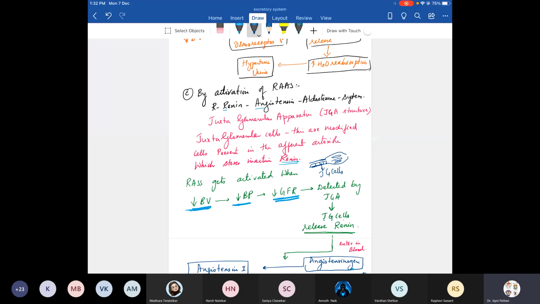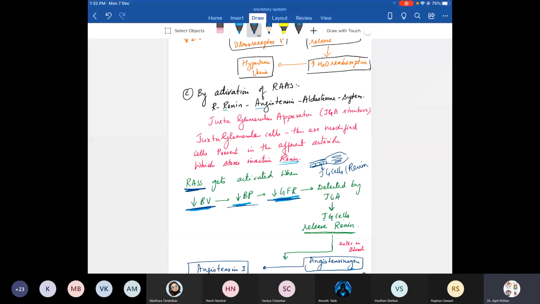This juxtaglomerular apparatus contains a special type of cells called juxtaglomerular cells. These are modified cells present in the efferent arteriole which store inactive renin. It stores what? Renin, which is inactive. Are you understanding? Now, when does RAS get activated? When there is a decrease in blood volume, decrease in blood pressure, decrease in glomerular filtration rate.